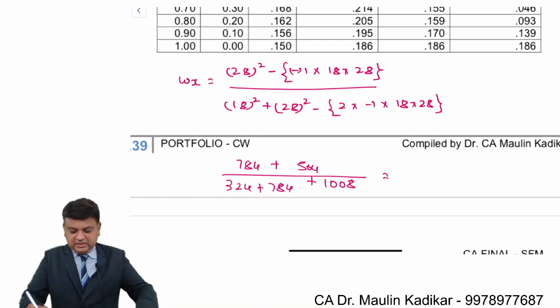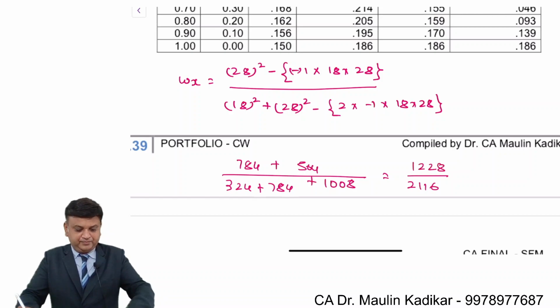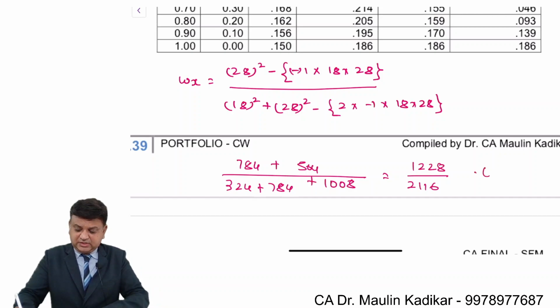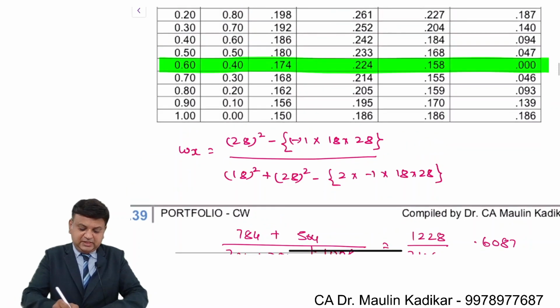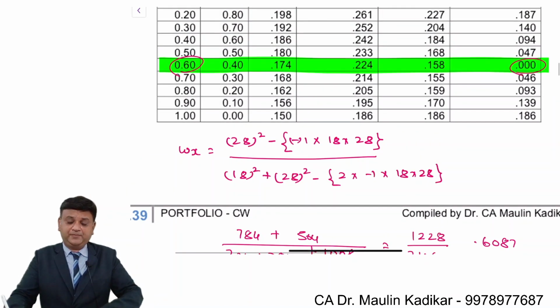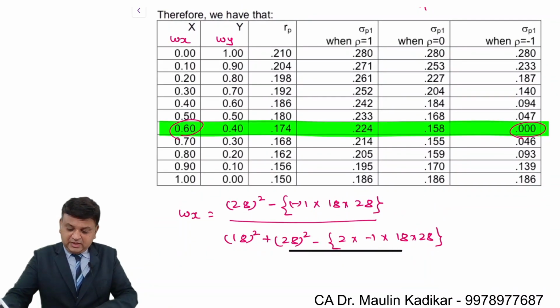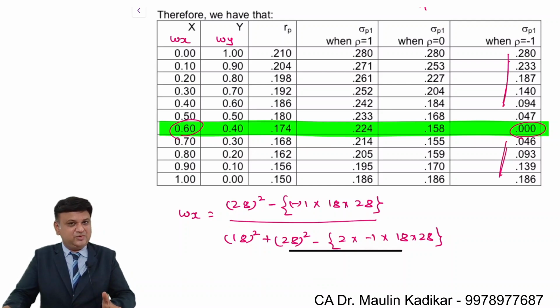In the denominator, 324 plus 784 plus 1008 comes to 2116. 784 plus 504 comes to 1288, divided by 2116, which comes to 0.6087. So you can see it is 0.60. At that point of time, it is the least risk. If you deviate from that, in either case, risk increases. This is what we understand.